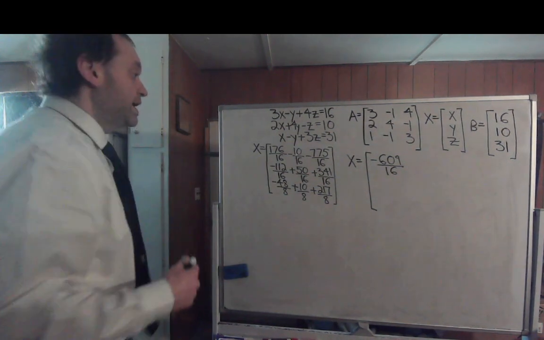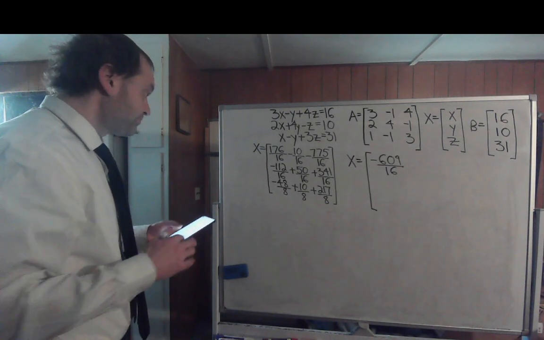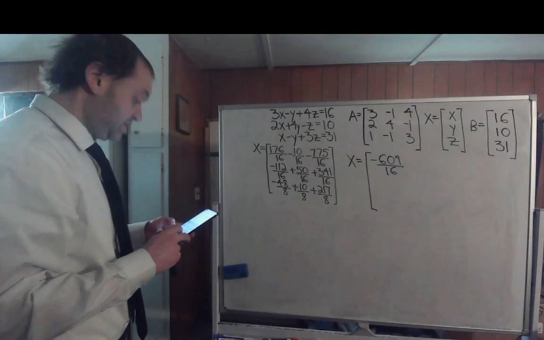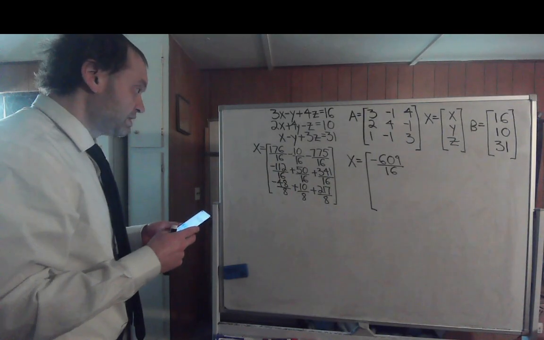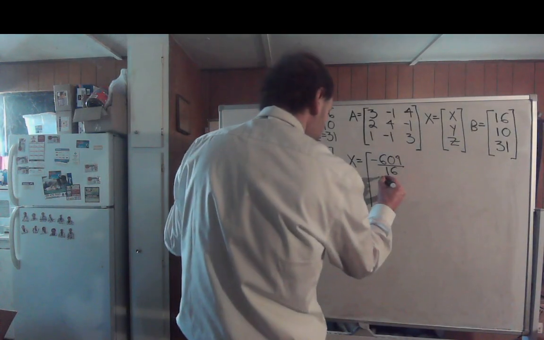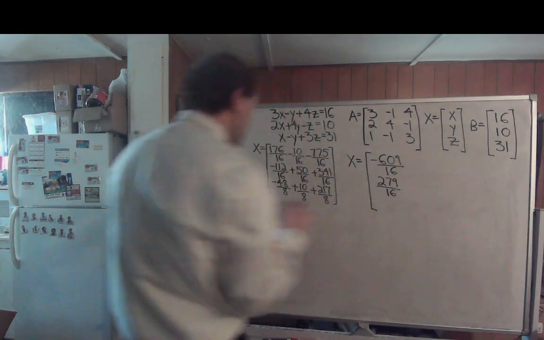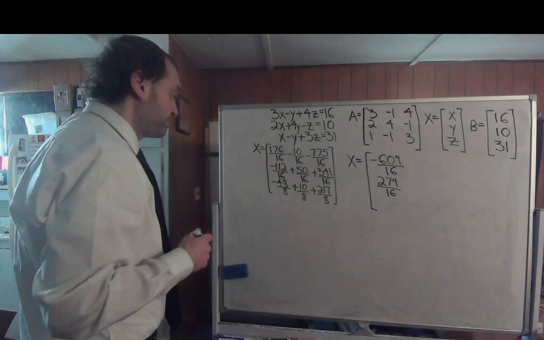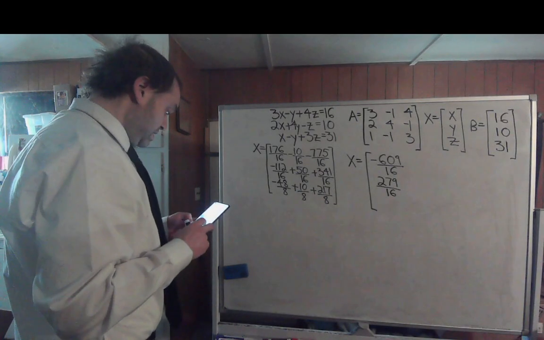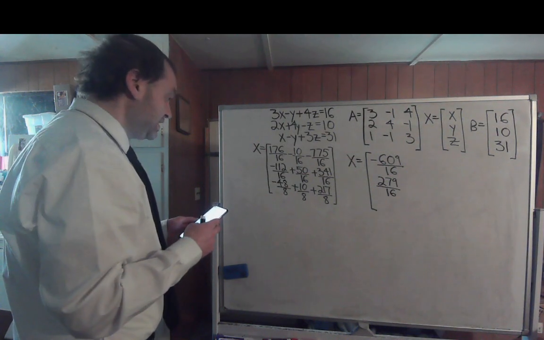What about y? Let's figure this out. So negative 112 plus 50 is negative 62 plus 341 is 279 over 16. Those also won't reduce any further. And then we have the final row. Negative 48 plus 10 is negative 38 plus 217.